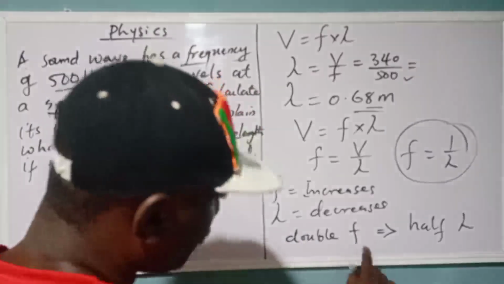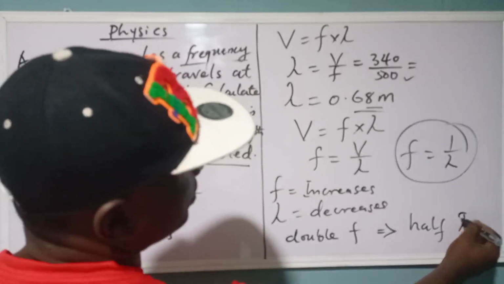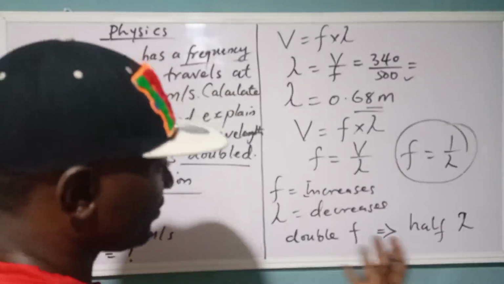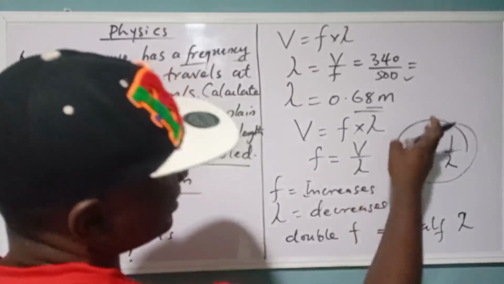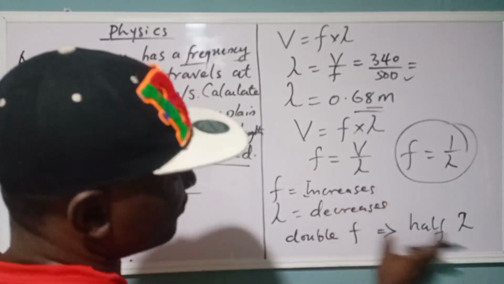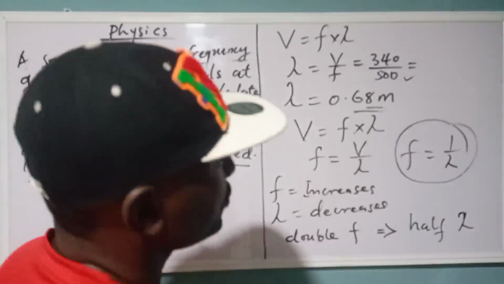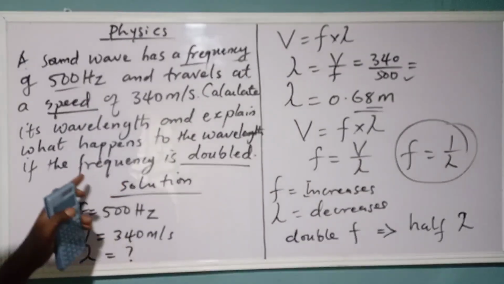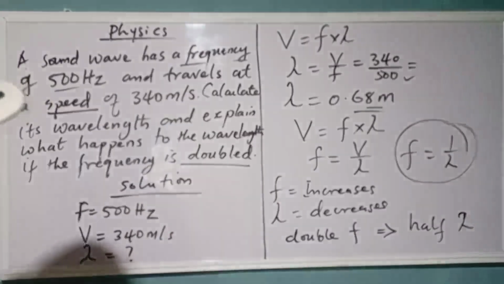So if you double that increase, you have to have the wavelength halved. That's how it is. So double the frequency that's already increasing and halve the wavelength that is already decreasing, you still have this equation. So whenever you double the frequency, you are going to have the wavelength halved.